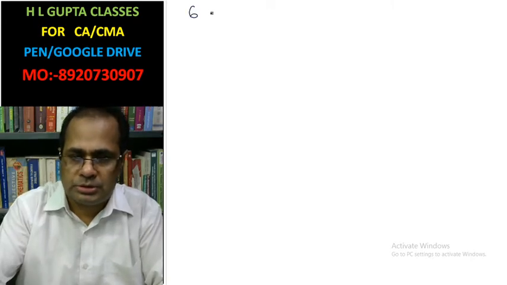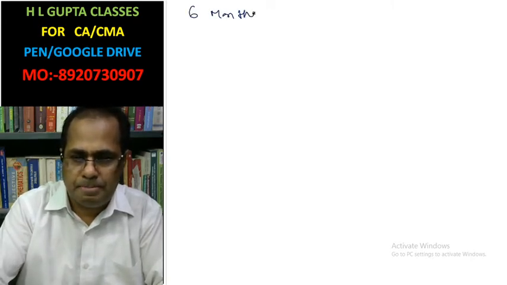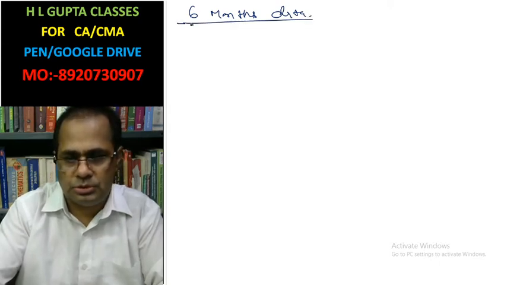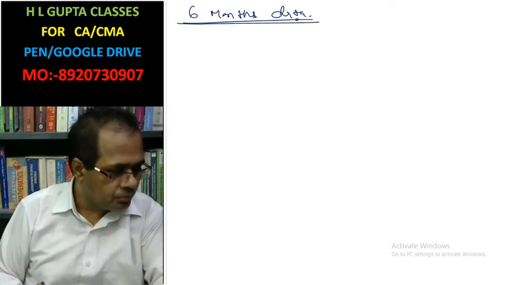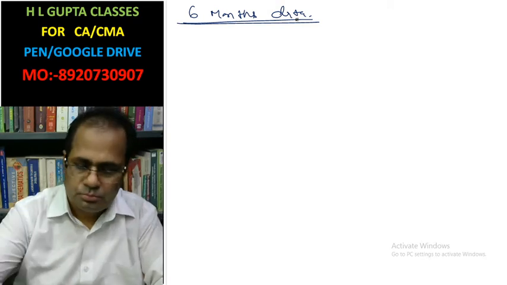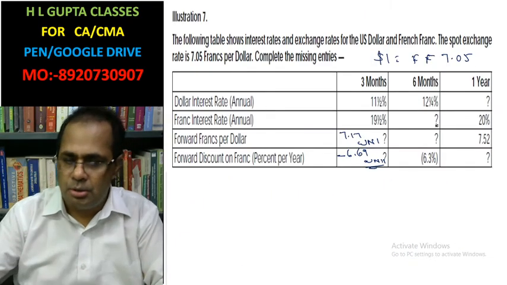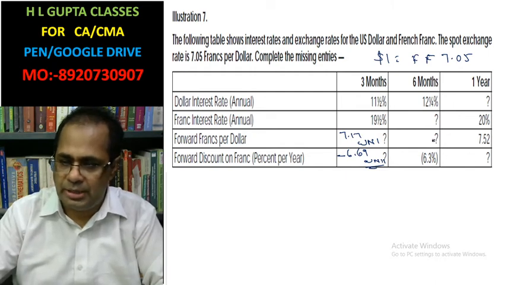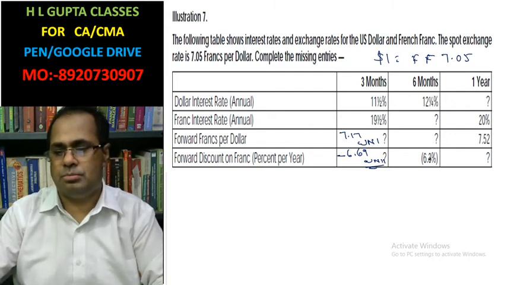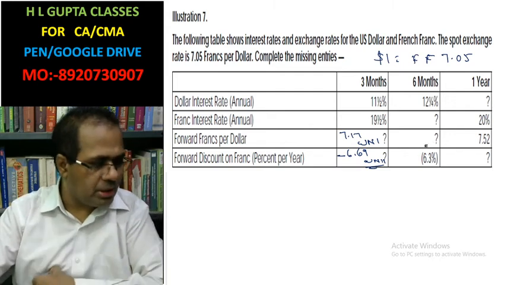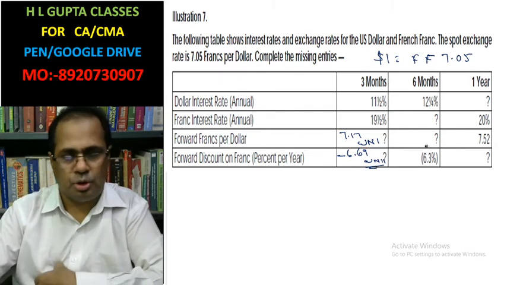Look at this question, what you have to calculate here: the interest rate as well as the discount. So first you have to calculate the forward rate.